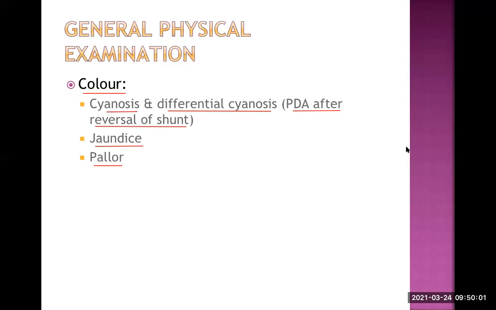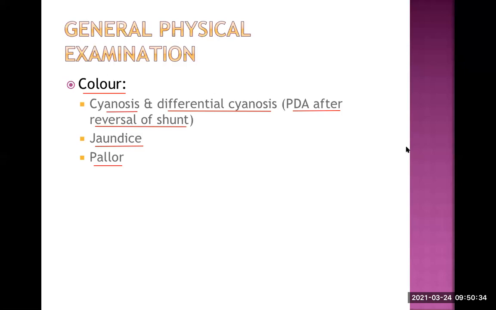Again it starts to flow from pulmonary artery to the aorta. Now a bit of deoxygenated blood is going towards the leg. In this condition, the foot or the lower limbs are relatively more cyanosed than the upper ones.